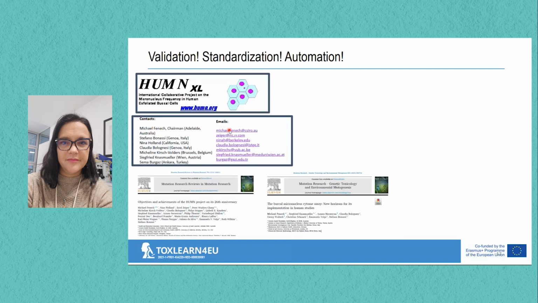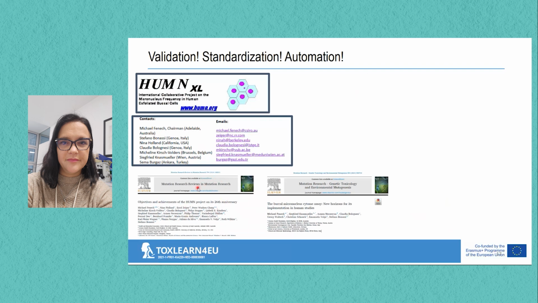So this assay still needs validation, standardization, and automation. And this Human XCell group this year has published 2 review articles about their achievements in these 26 years from the beginning of the use of the buccal micronucleus assay.